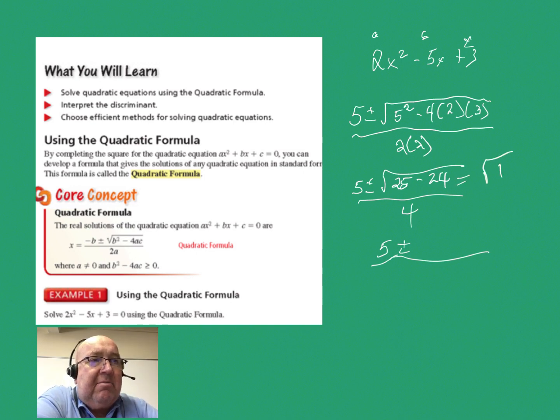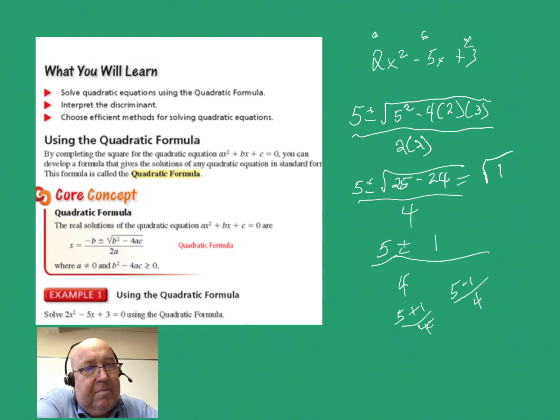So plus or minus 1 divided by 4. So 5 plus 1 divided by 4, 5 minus 1 divided by 4. We get 6 over 4, which is 3 halves, and we get 4 over 4, which is 1. So x is equal to 3 halves, and x is equal to 1.